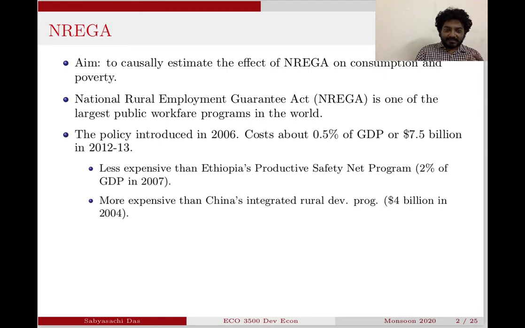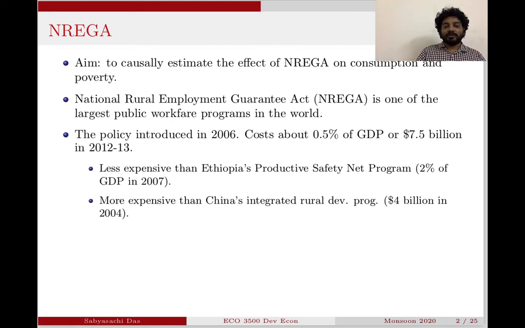So that's our main aim today, to causally estimate the effect of this National Rural Employment Guarantee Act or scheme on consumption and poverty in the rural sector.